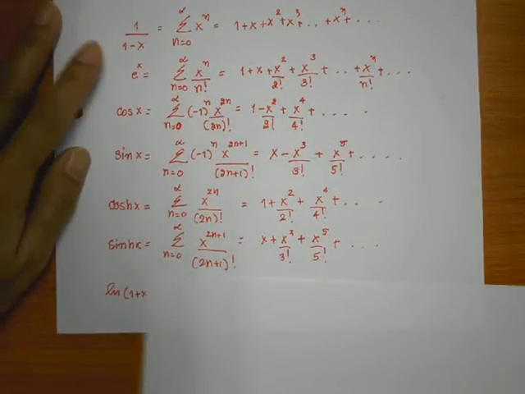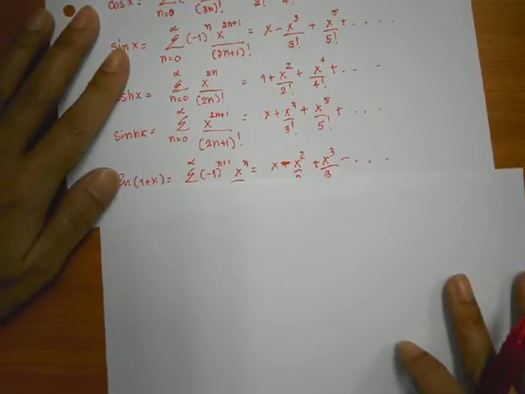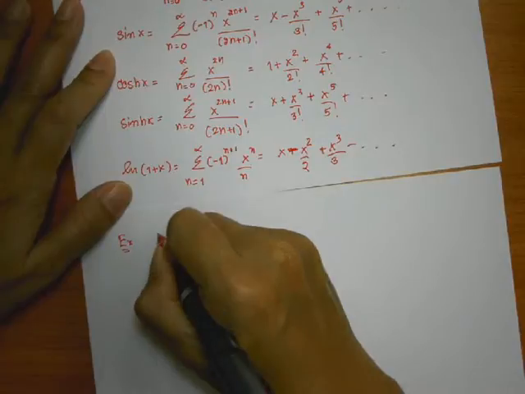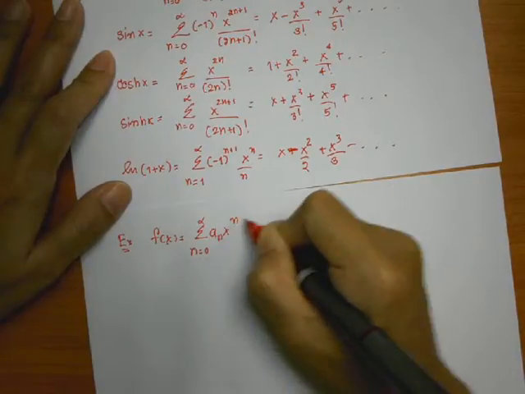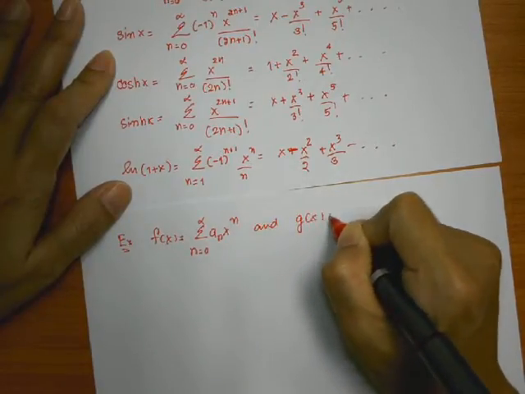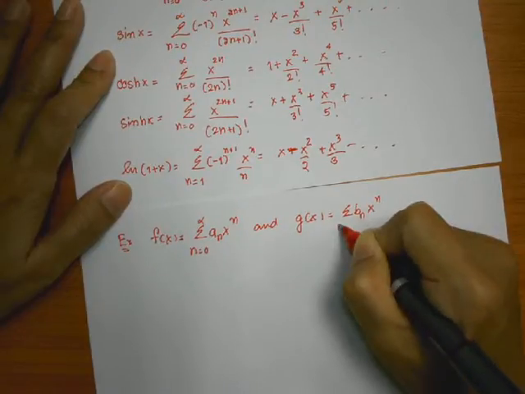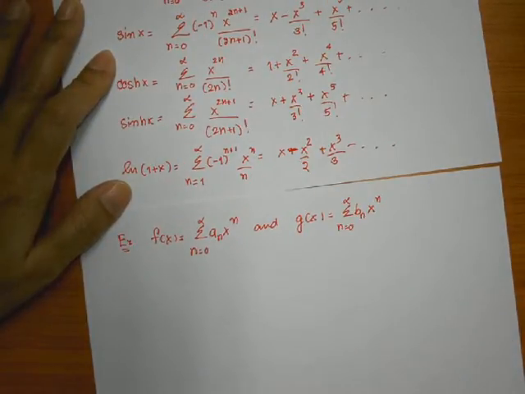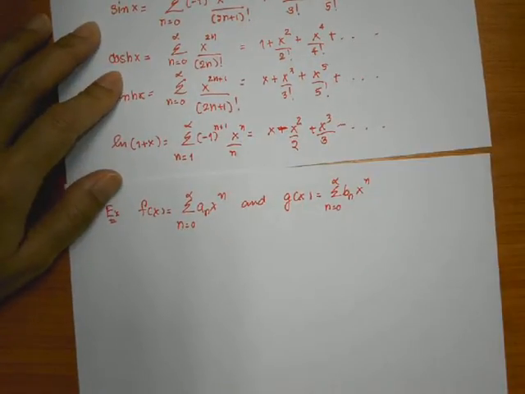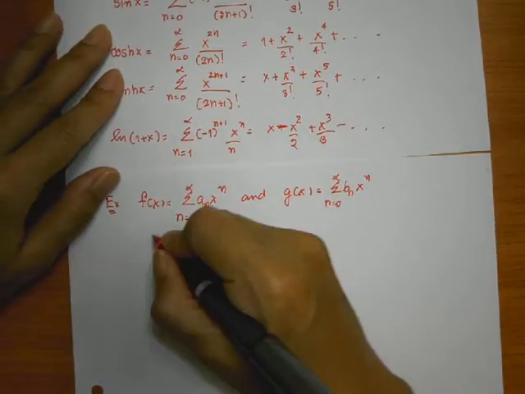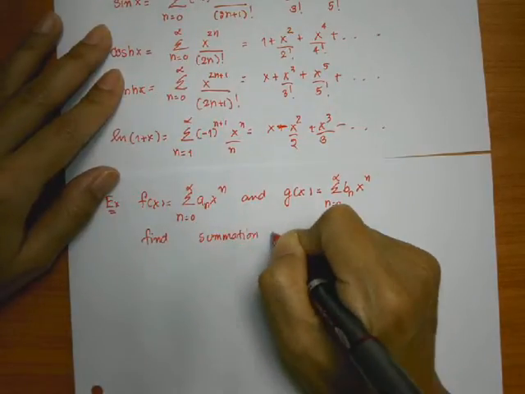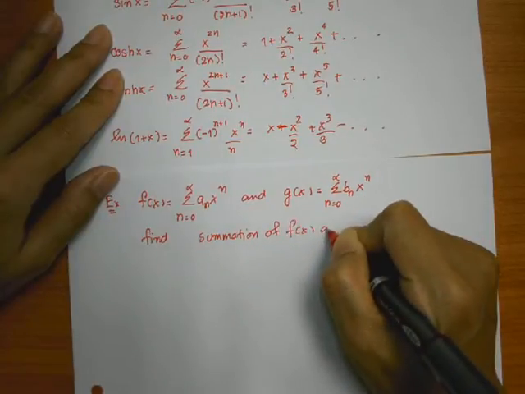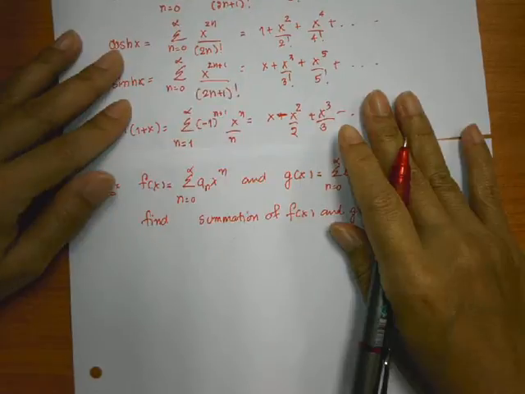For example, if I have f(x) equal to summation a_n x to the power n, and g(x) equal to summation b_n x to the power n, and these two functions converge at any x value, find the summation of f(x) and g(x).